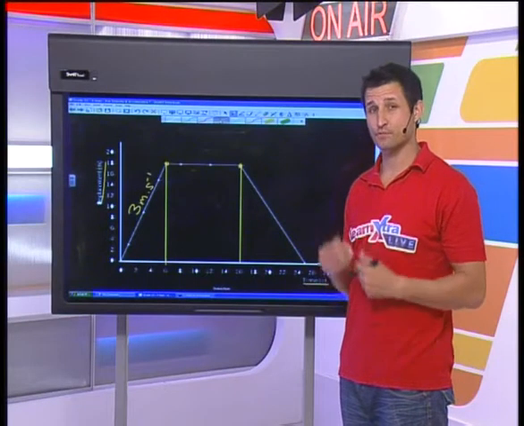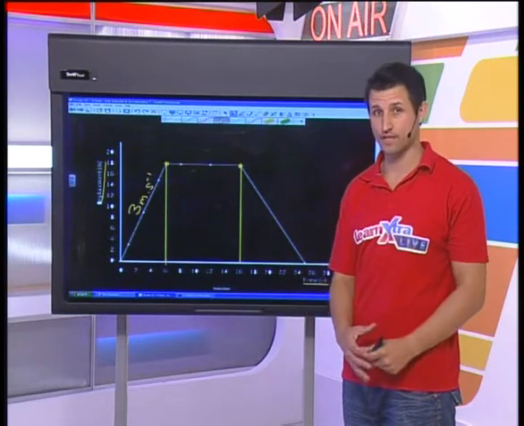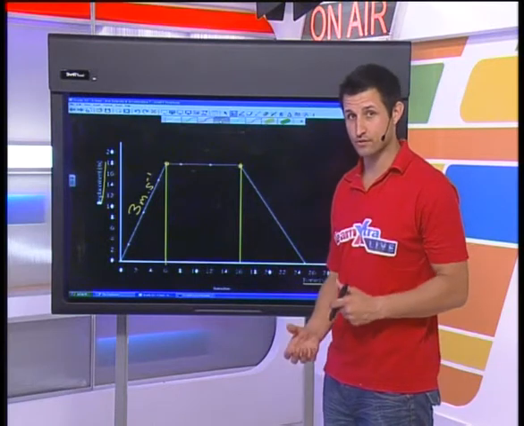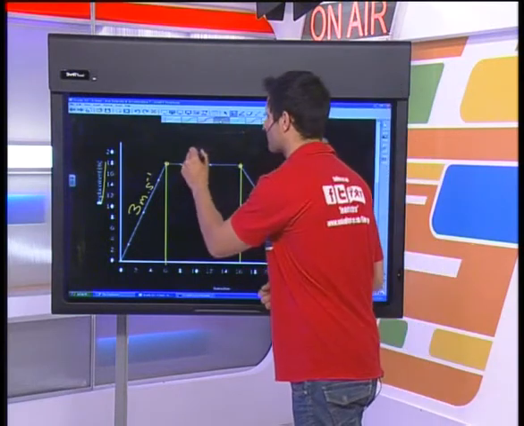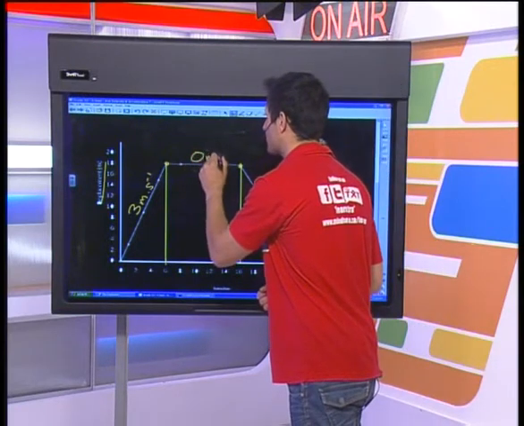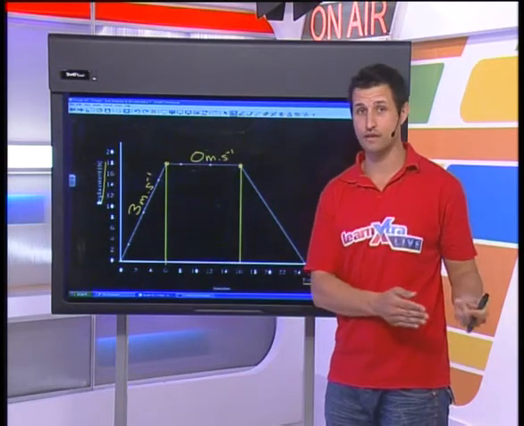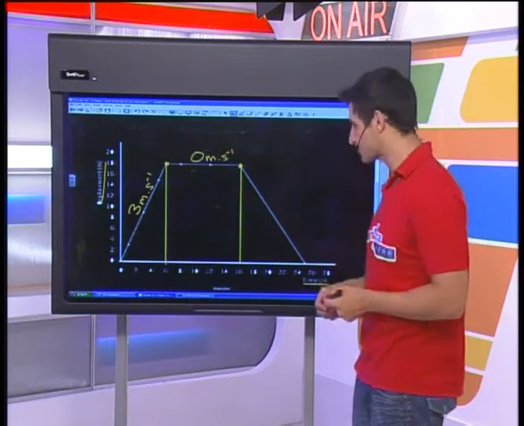If his displacement did not change, that means that he was stationary. Now note, I've been very specific about the words that I use. Please make sure that you do the same. So I know that during that period, there was 0 meters per second. Every second that went by, there was 0 meters of displacement.